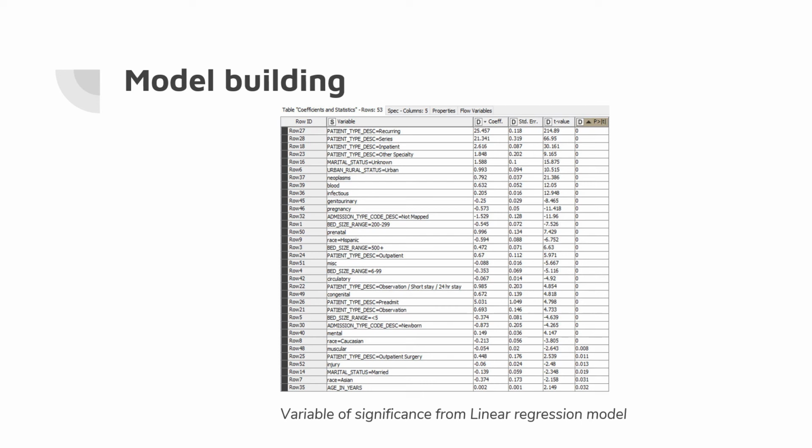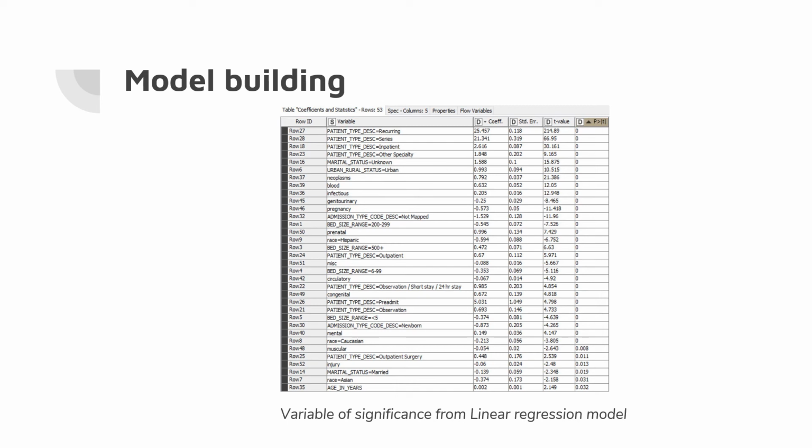We can see that the significance level is very high, close to zero, so this is a highly significant variable for model building. The coefficient is a positive value of 25.457, so we can tell that LOS and recurring patient types are positively correlated with each other, and that the LOS regression slope increases by 25 days when the patient type is recurring. That's pretty significant information that we can derive from this table.